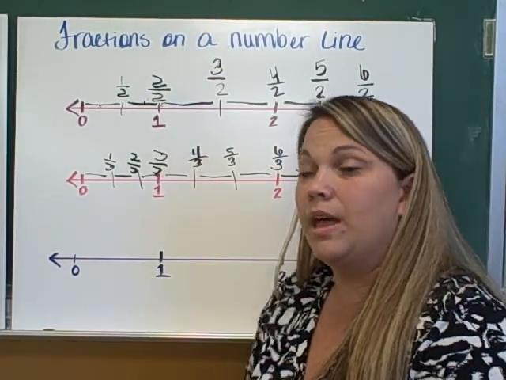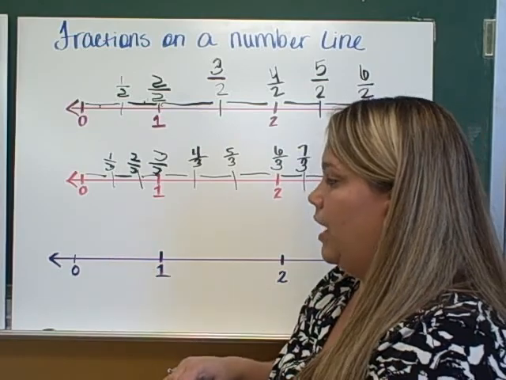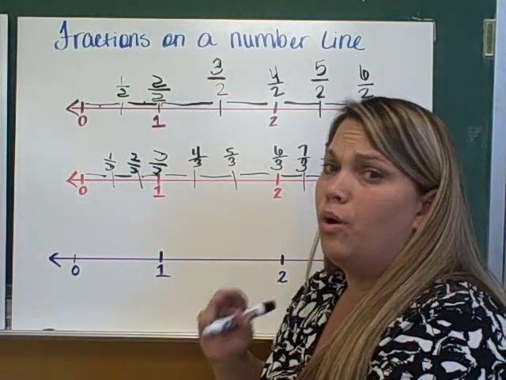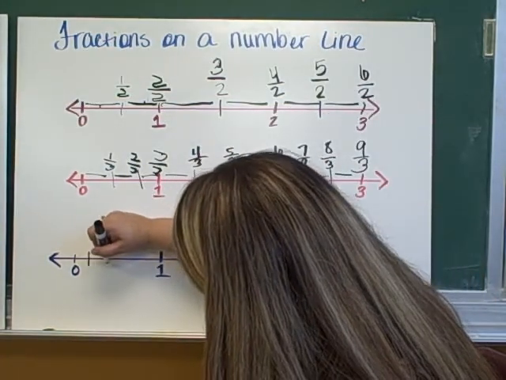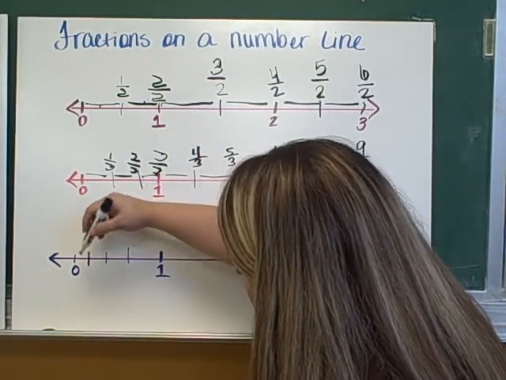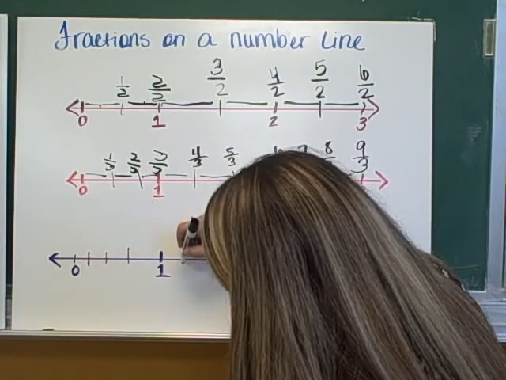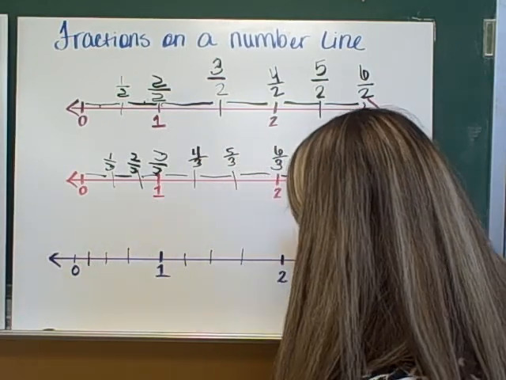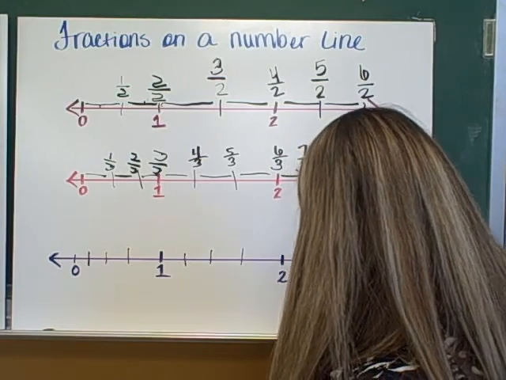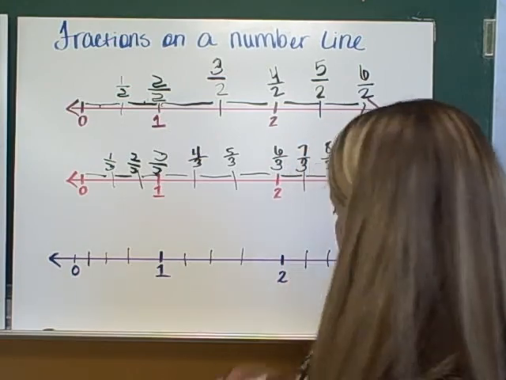Okay? On this last number line, we're going to divide into fourths this time. So we're going to divide each section 1, 2, 3, 4. 1, 2, 3, 4. 1, 2, 3, 4.